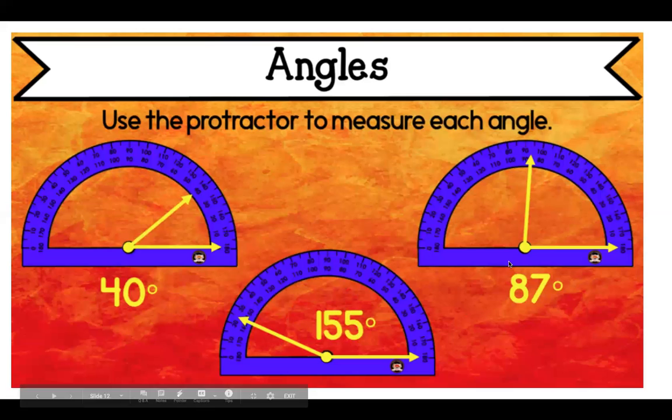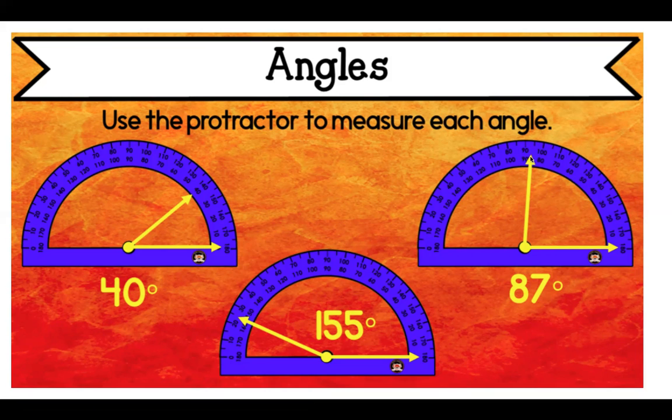And this one over here, 87 degrees, we started at 0 and we count all the way up to about 87 degrees right there. Okay, it's in between the 80 and the 90, so we're just saying it's approximately 87. Okay, so this right here, 87 would be an acute angle, 155 would be an obtuse angle, and 40 degrees would be an acute angle.